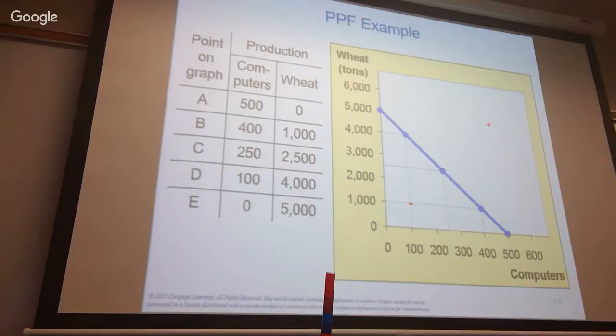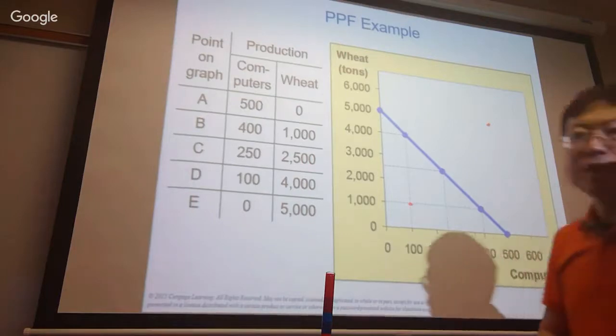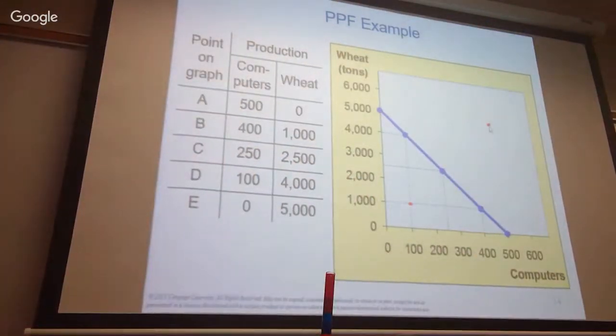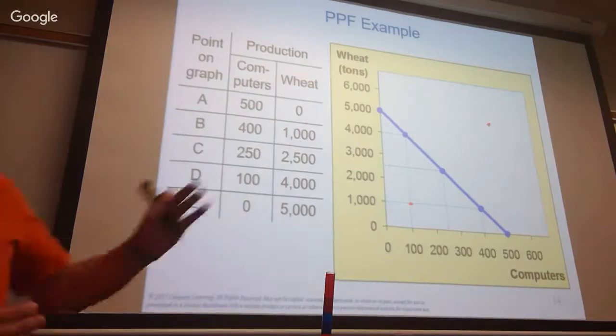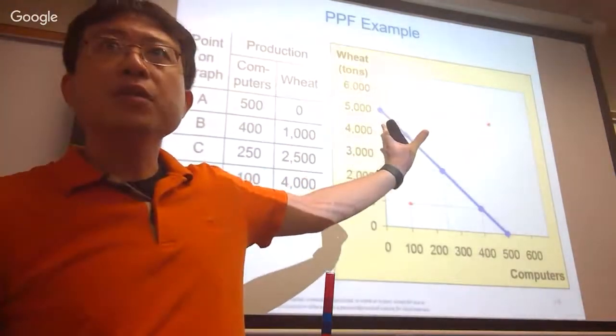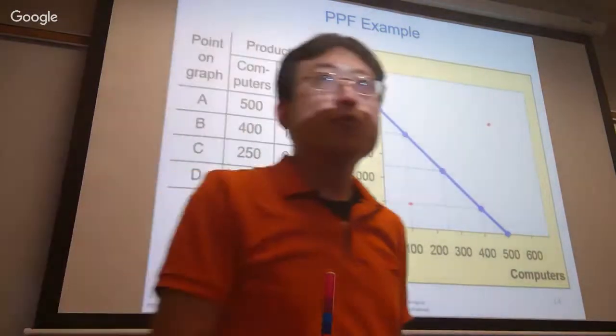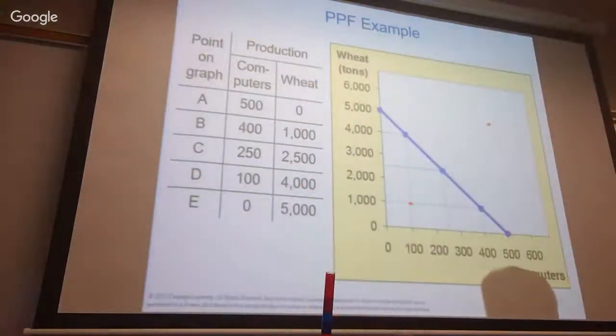Do we have 100,000 labor hours? No, we don't, right? So if you graph this point on the graph over here, you see this dot is outside. This point here is your 500, 5,000. Now you see that point is outside of the PPF. So any point that's outside of the PPF, we call impossible, because we don't have enough resources to produce at a point that's outside of the PPF.